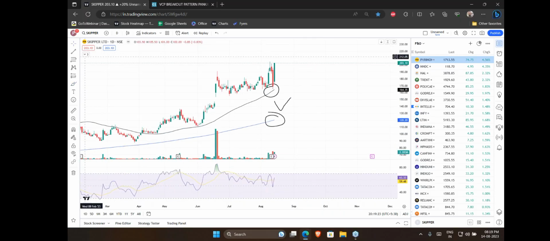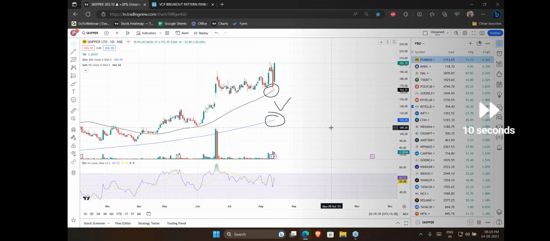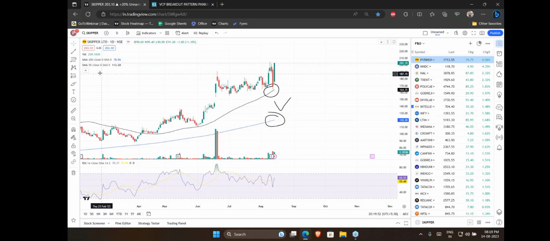And how much is today's volume? Let me show you. Is it 2.283 million? Is it greater than 50,000? Does your stock follow the range of 100 to 3000? Yes. Now, can we plan an entry above this for a breakout?